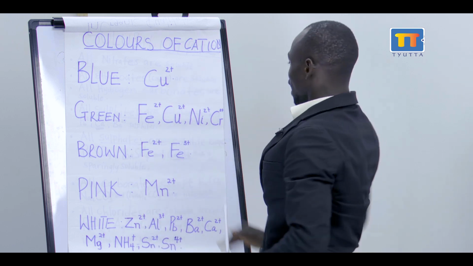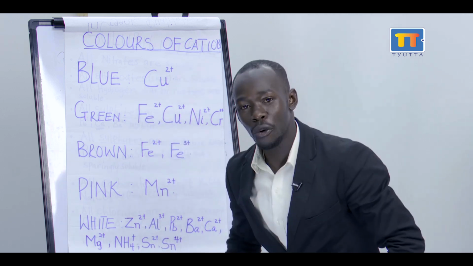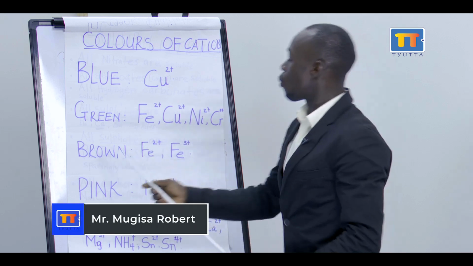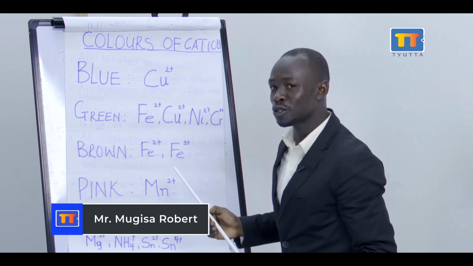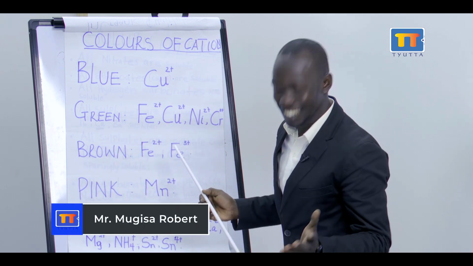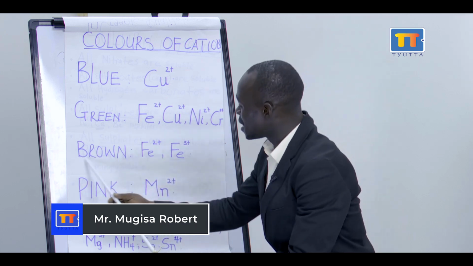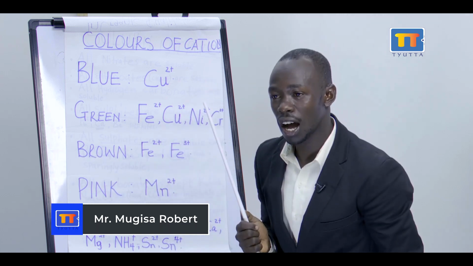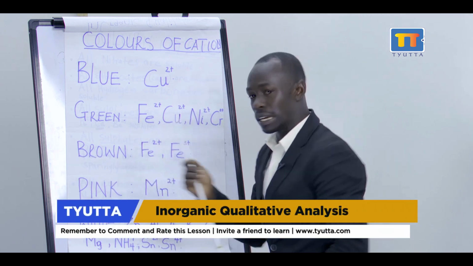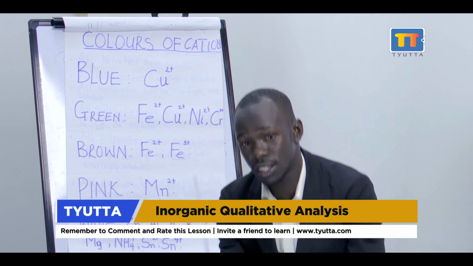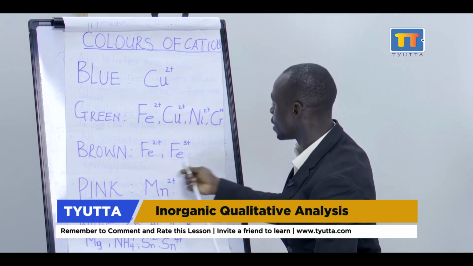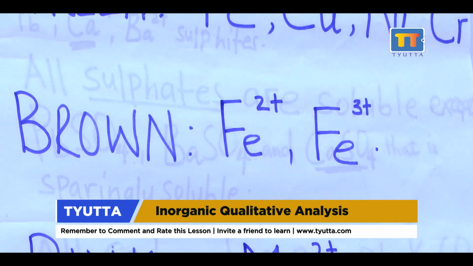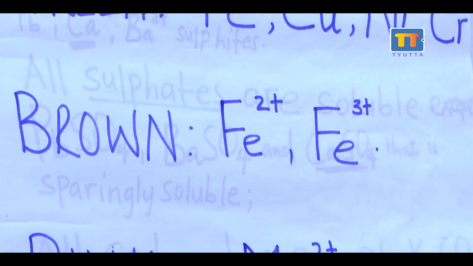In addition to the green color, we have also got to move on with another color in the chemistry laboratory, isn't it? Yes, good. This is the brown color. The brown color in the laboratory, in most cases, is due to iron 3 ions. But you remember the oxidation of iron 2.